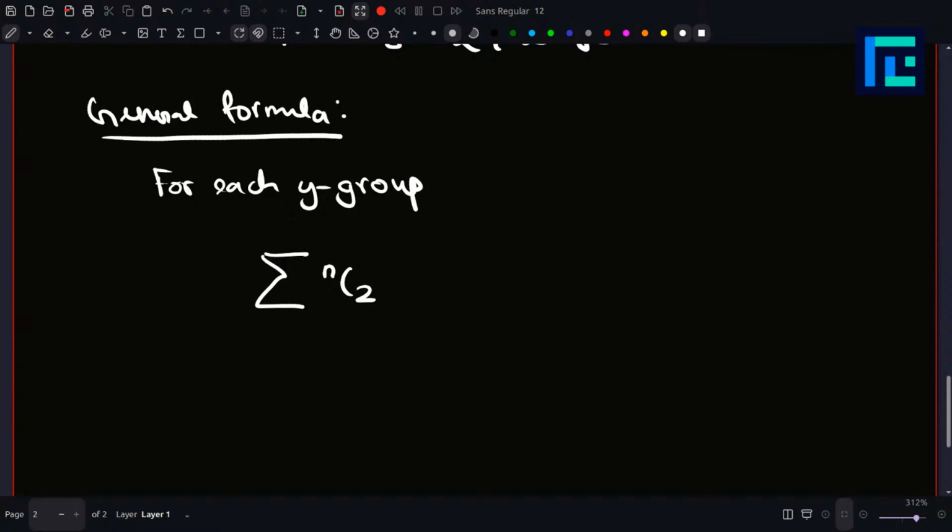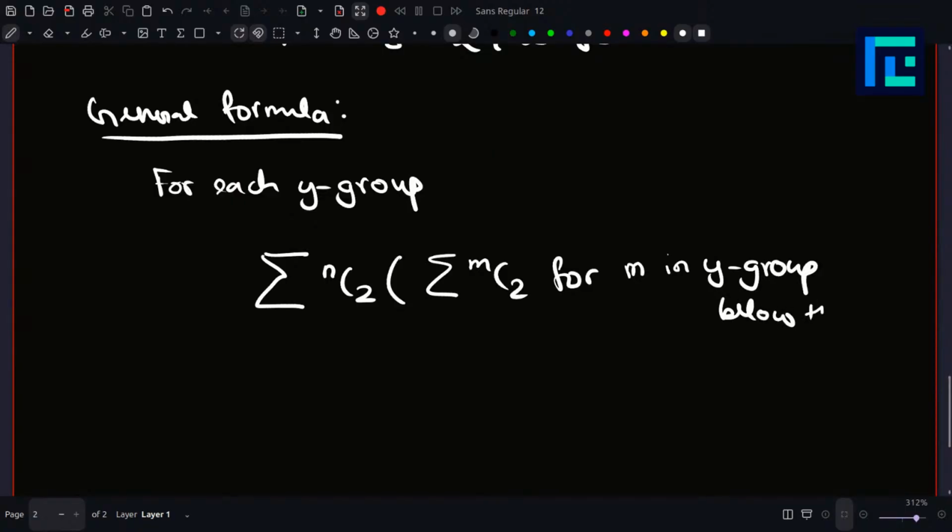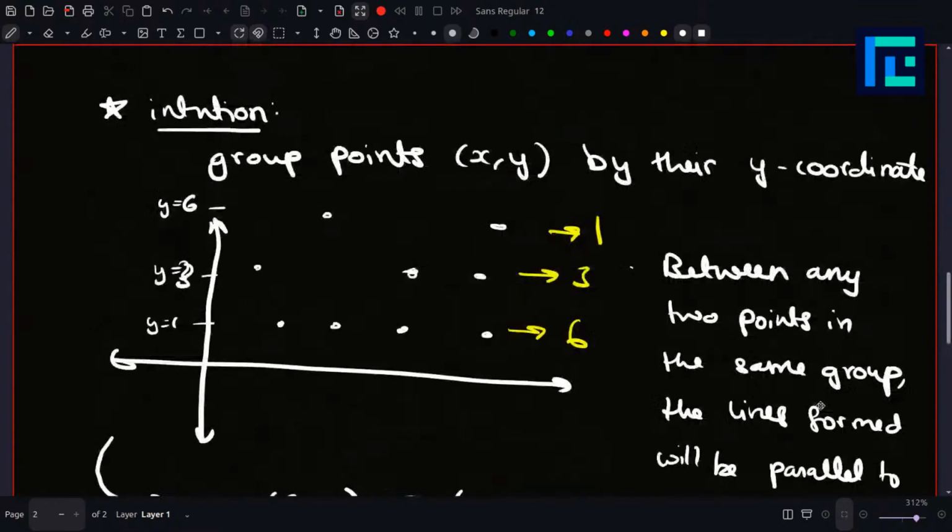Sum n choose 2 plus m choose 2 plus the sum of m choose 2 for all m smaller than this, right? For m in y group below the current one, something like that, the formula will be. Okay, if you want to write it mathematically, but this is the intuition.